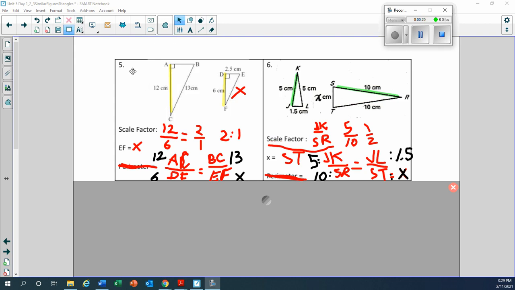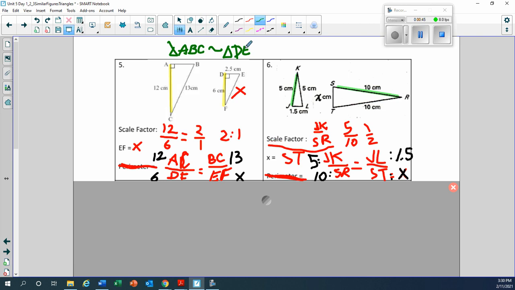All right, for problem 5, you have triangle ABC and triangle DEF, and I'll tell you triangle ABC is similar to triangle DEF.